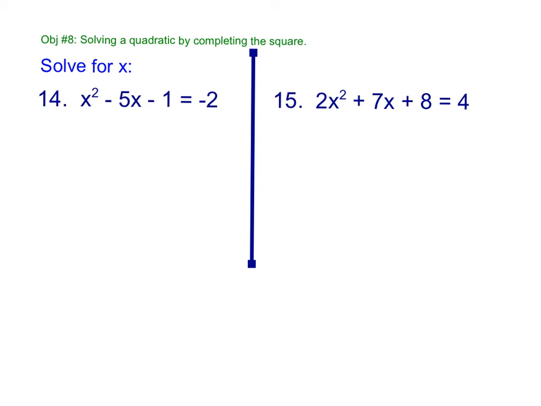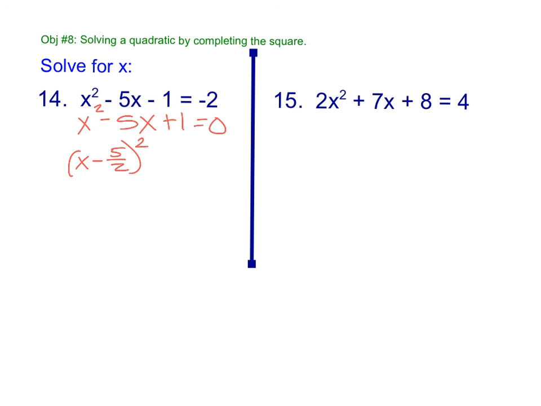All right. Same idea. Pause the video. You should be able to do these on your own. All right. I'm going to move the 2 over. So x squared minus 5x. I'm just used to having it look like this. All right, so we've got fractions now. So x minus 5 over 2 squared.